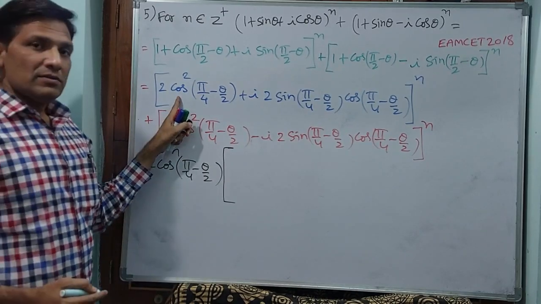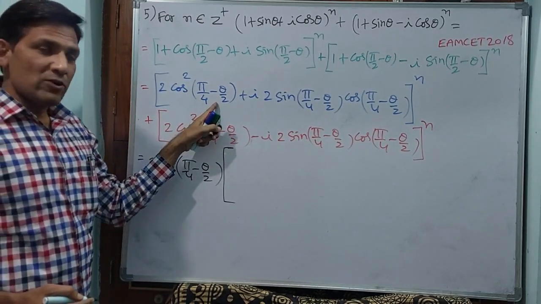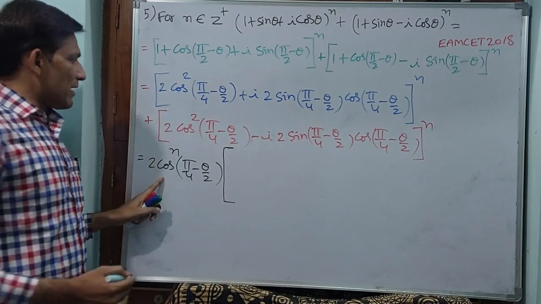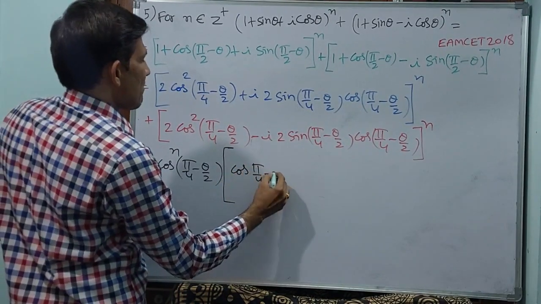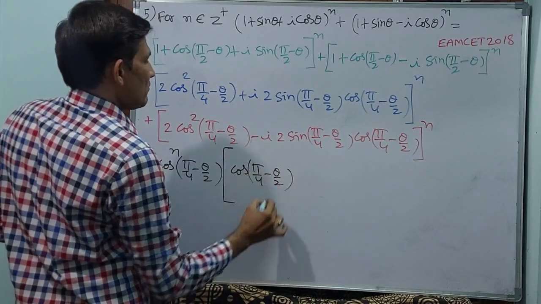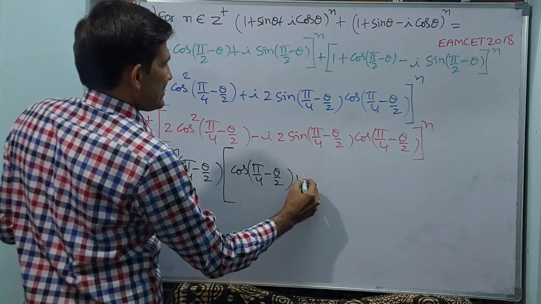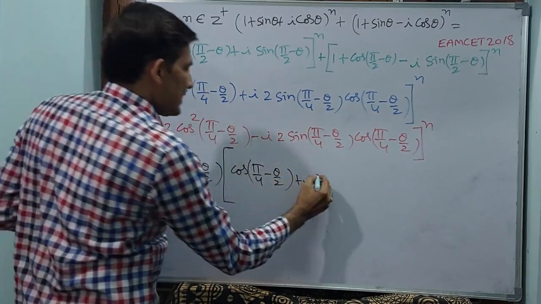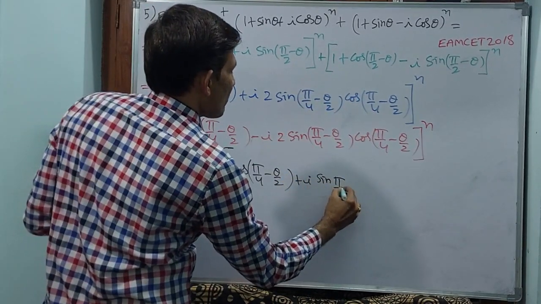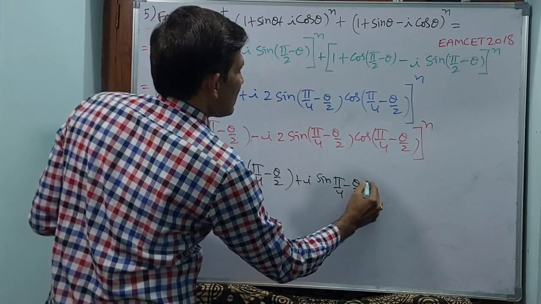Now here only one cos pi by 4 minus theta by 2 will be there, right? Because 2 and cos theta have gone outside. Write down: cos pi by 4 minus theta by 2, plus I, 2 cos already gone outside, only sin pi by 4 minus theta by 2 is there.